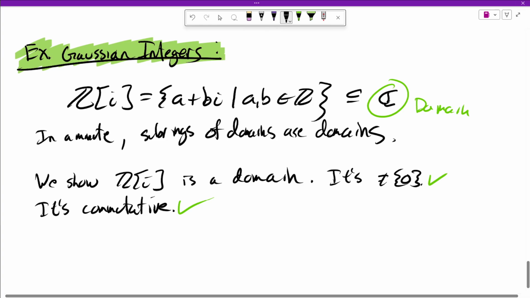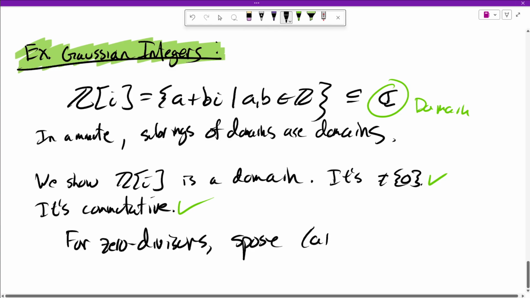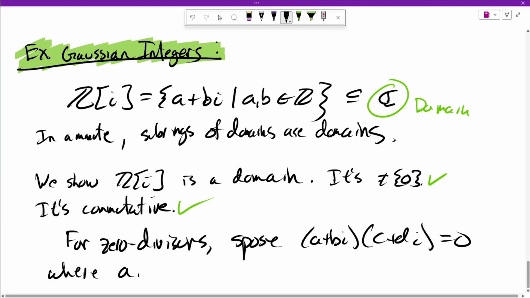So to that end, we're going to suppose that we have two elements in the Gaussian integers, and we multiply them together, and we get 0. And of course, 0 is 0 plus 0i, but we don't usually write that part.